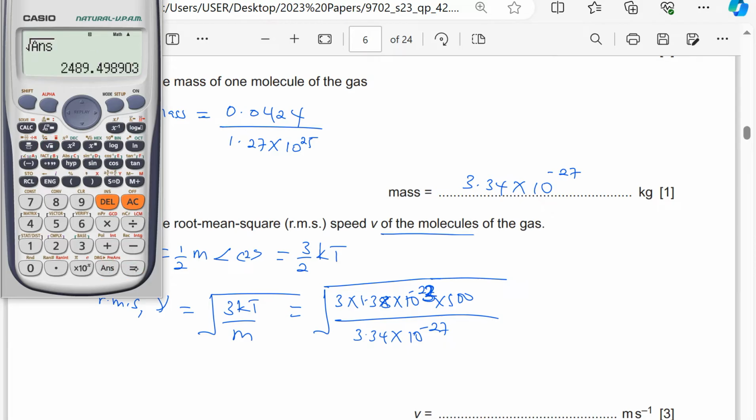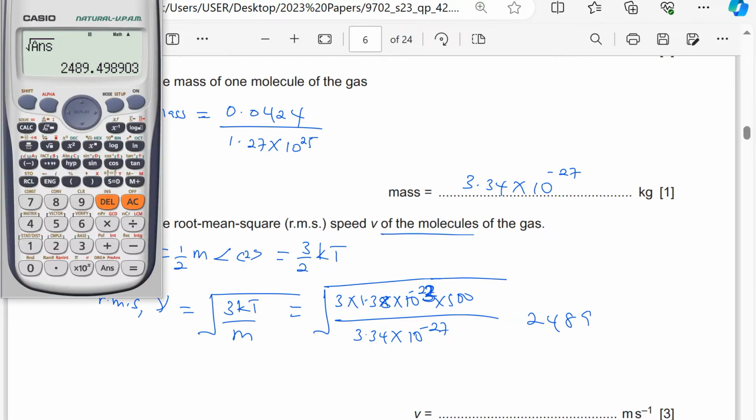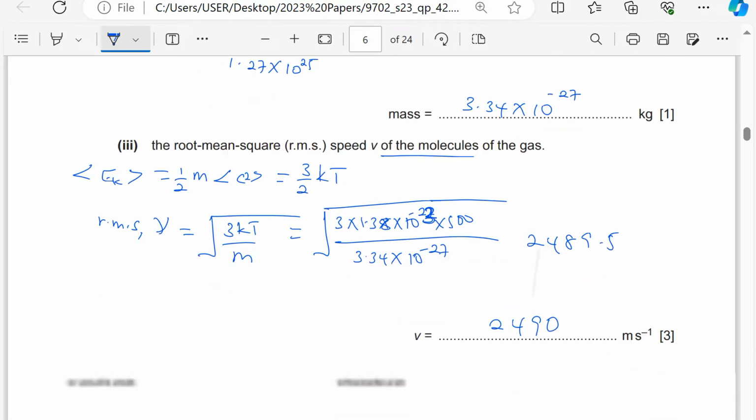That is 2489.5, or approximately 2490 meters per second.